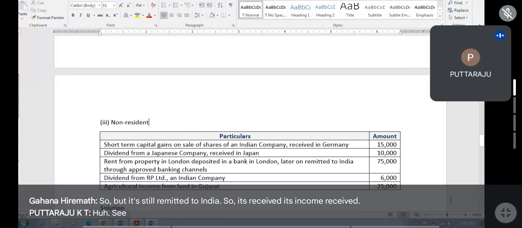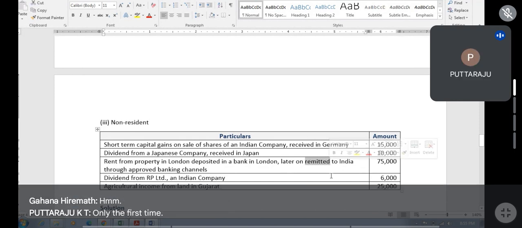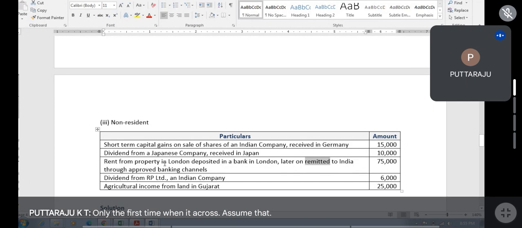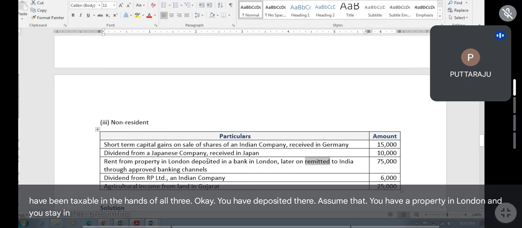See, when it comes to remittance, only the first time when it accrues matters. Assume that rent from London is directly remitted to India, then it would have been taxable in the hands of all three. But here you have deposited it there. Assume that you have a property in London and you stay in London only, and your parents stay in India.